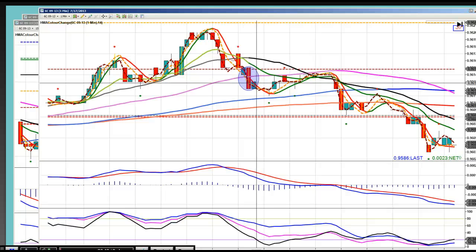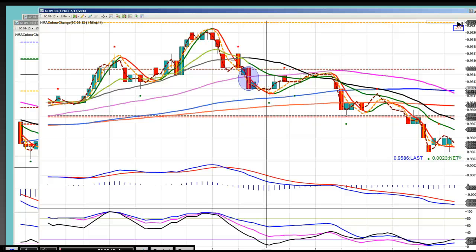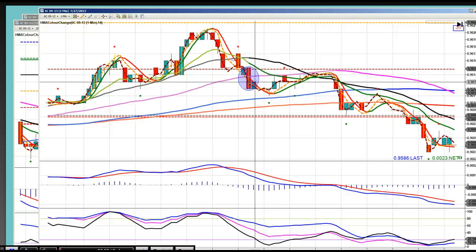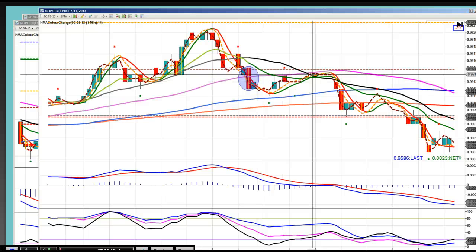Even though we went down another tick here, we lost momentum. Because we never really cleared by the 2 ticks, we were not able to continue lower. We really hugged and stayed with that 50 moving average.